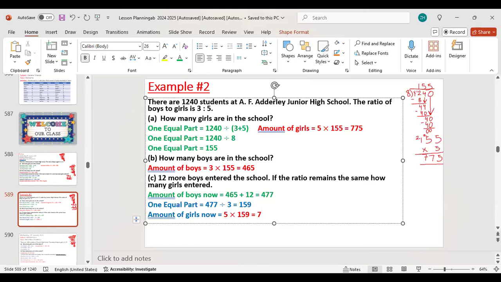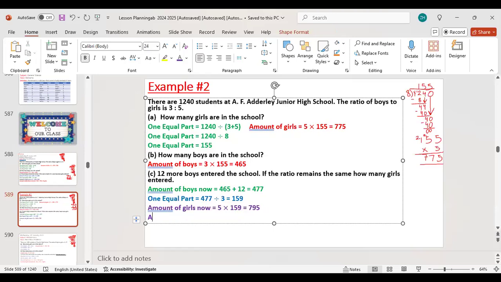So 795 is the amount of girls now, but we want to figure out the amount of girls that entered. So the amount of girls that entered is equal to 795 minus 775.